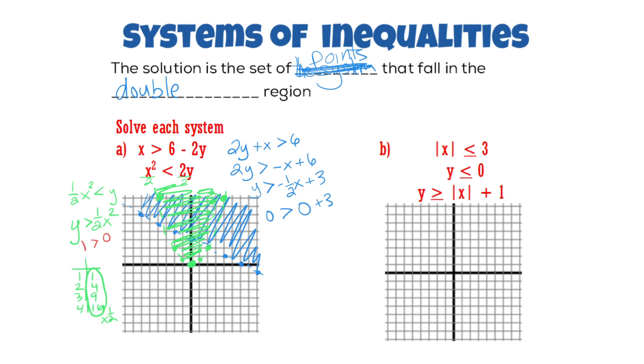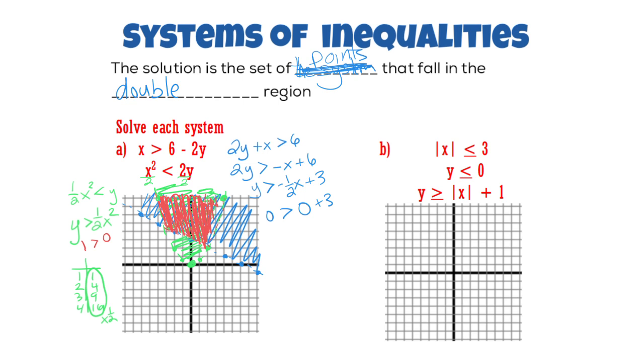So that looks like wherever I shaded green and blue. So it's this, and then this is up here, this is up here, and so it's kind of like this area right in here that got double shaded. And that's my solution.